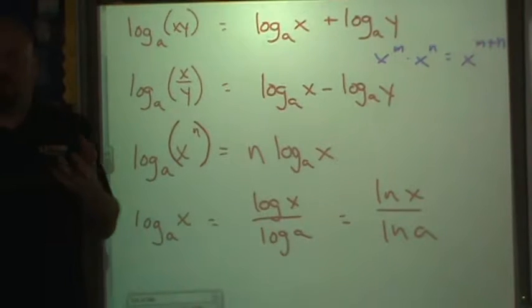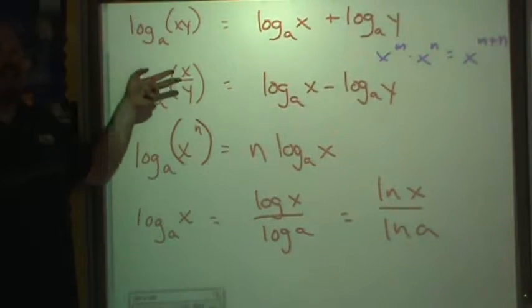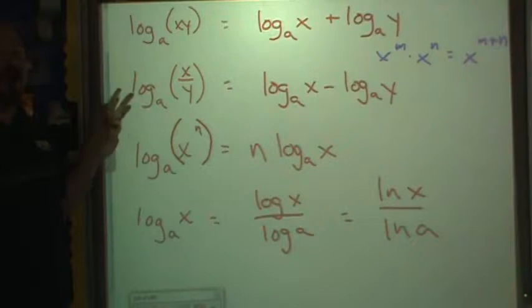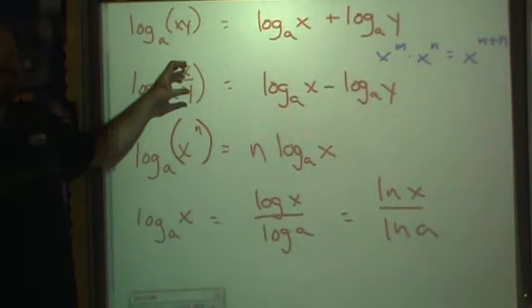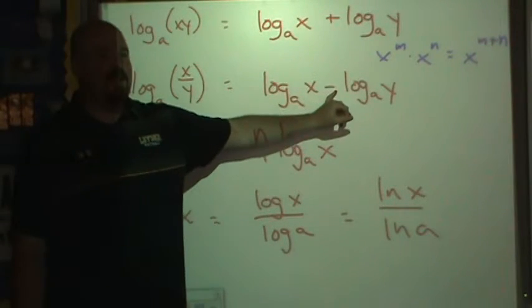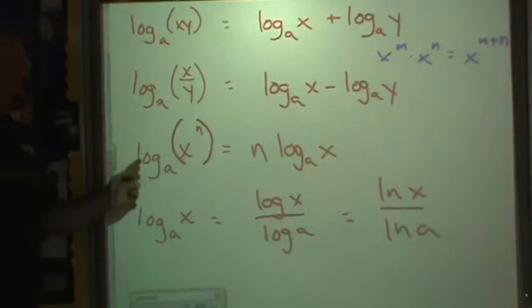Listen to the nomenclature, the words that I'm using. The logarithm of a quotient, or the logarithm, singular logarithm, of a fraction. Inside of it is the fraction. I can write that as the difference of two logs, and vice versa in the opposite direction.